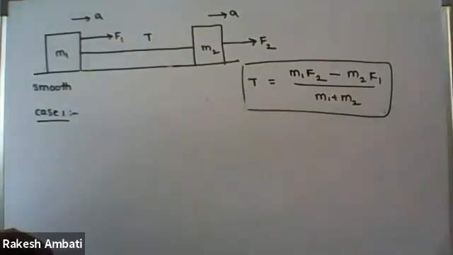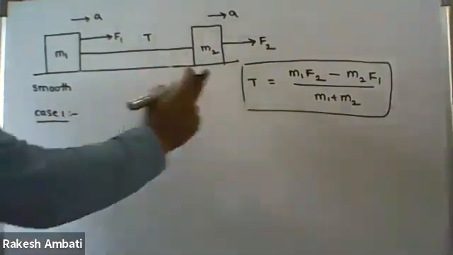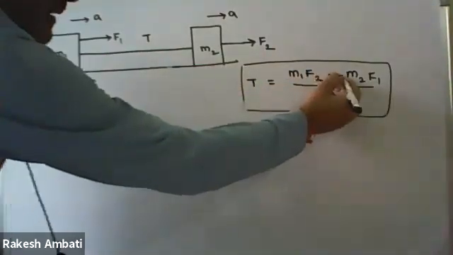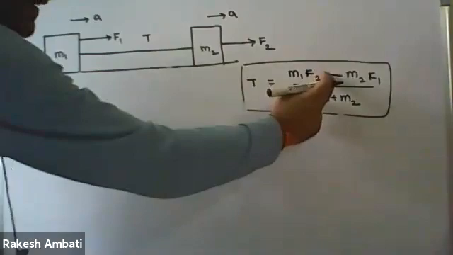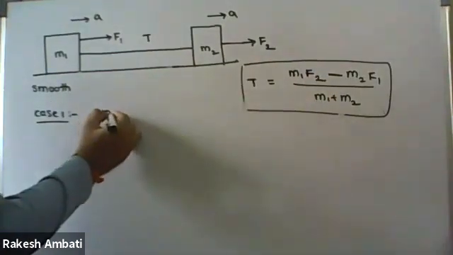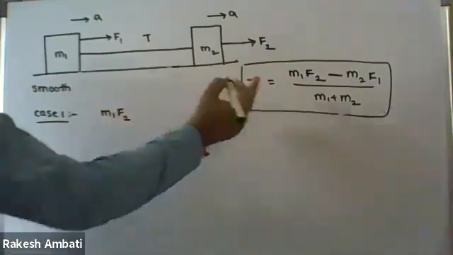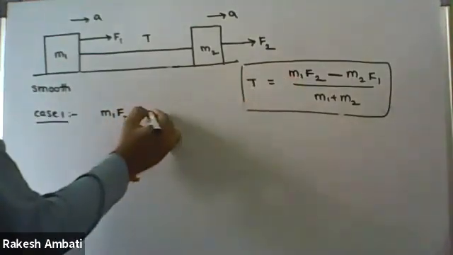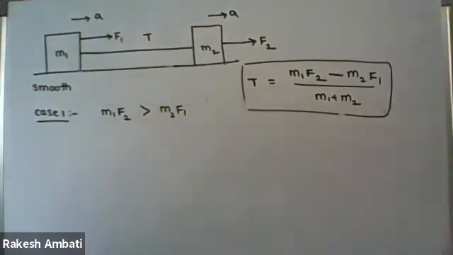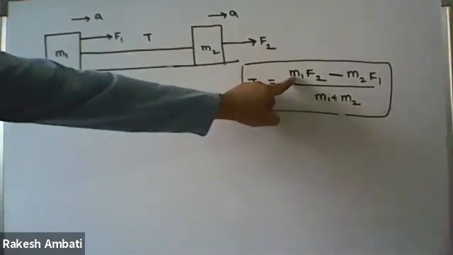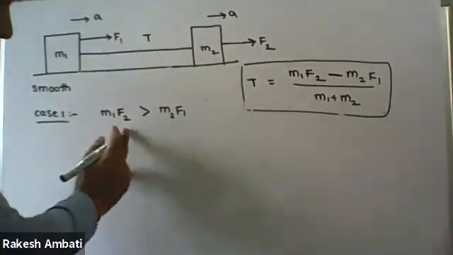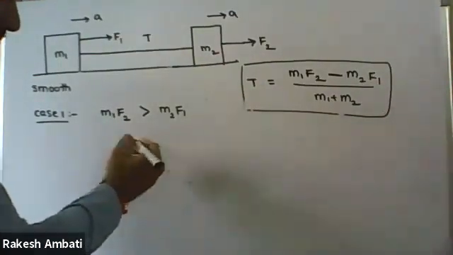First of all, here I'm taking case 1. You see the numerator. In the numerator, a minus is present. So in the first case, I'm taking that if M1 F2 is greater than M2 F1, now what is the tension force in the string?